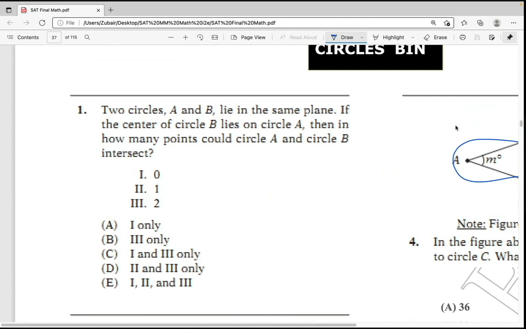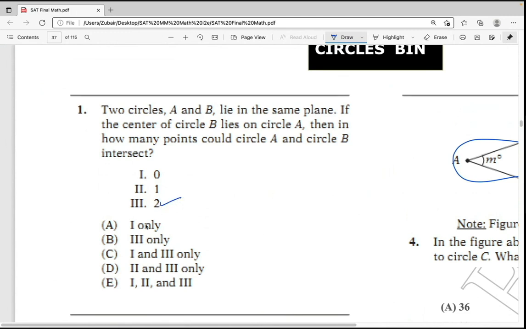Sir, do we assume the circles have the same radius? You're open to do anything. No limitations in this question. I think it's B then. Yeah, I think it's B as well. B means 3 only. Yes, 3 only.